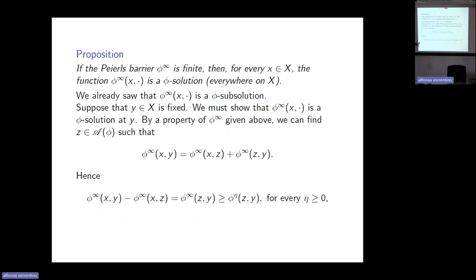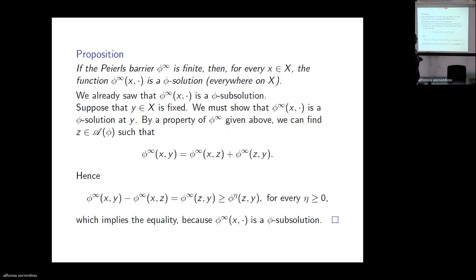So I can rewrite this as phi infinity of xy minus phi infinity of xz is phi infinity of zy, but this is larger than phi eta of zy for every eta. And as we saw, this implies, of course, that we have the equality because phi infinity of x dot is a subsolution. Okay.